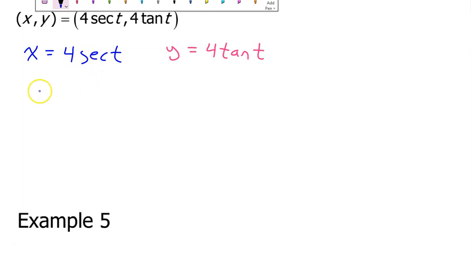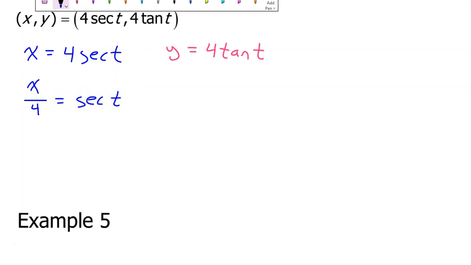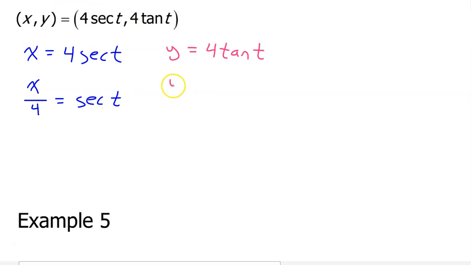Looking at the blue equation, we have x divided by 4 is equal to secant t. From the red equation, we get y over 4 is equal to tangent t.